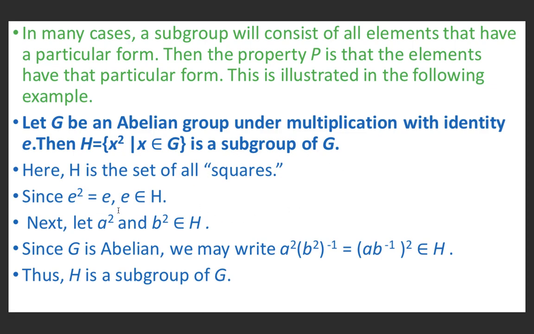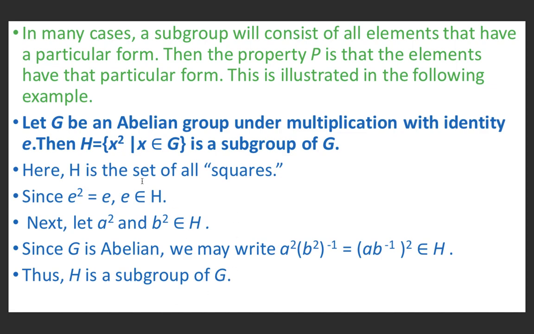Since E² equals E, as we discussed in the last case also, E belongs to H. Next, let A² and B² belong to H. This also we have discussed in the last example, and the case is similar. So A² equals E and B² equals E. Since G is abelian, we may write A² (B²)⁻¹ equal to (AB⁻¹)² belonging to H. Hence H is a subgroup of G. This I have written in short because in detail we have discussed it in the last example.